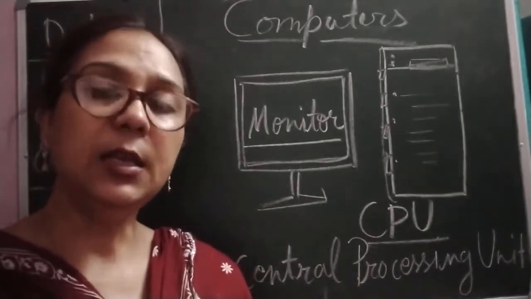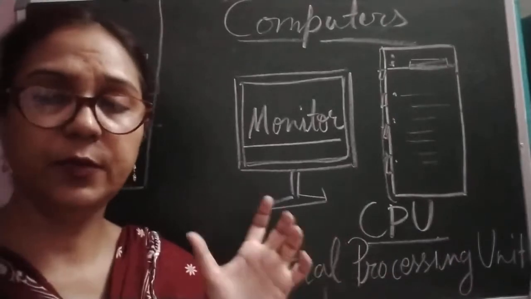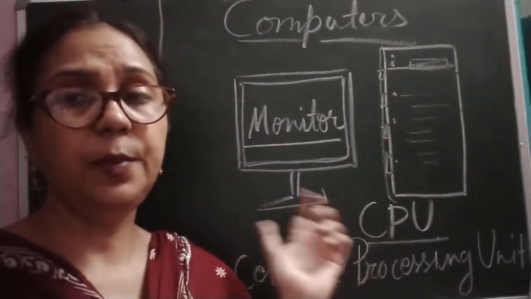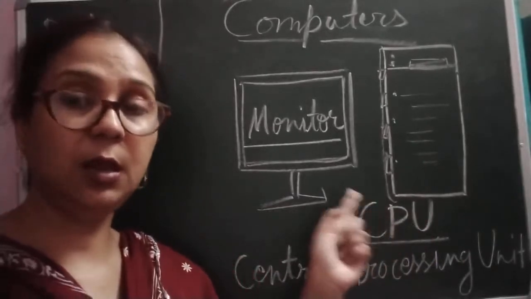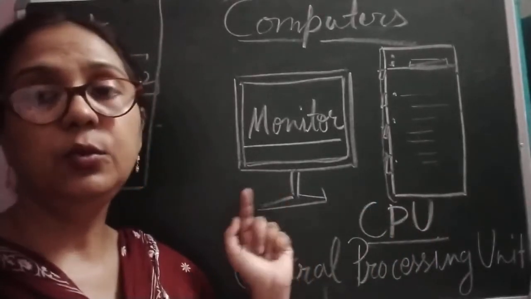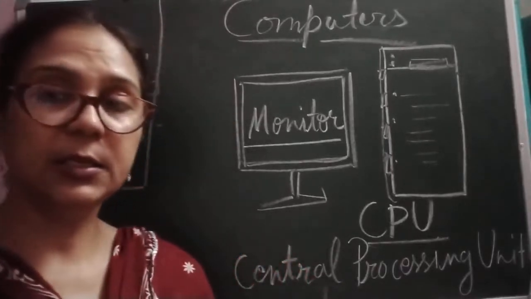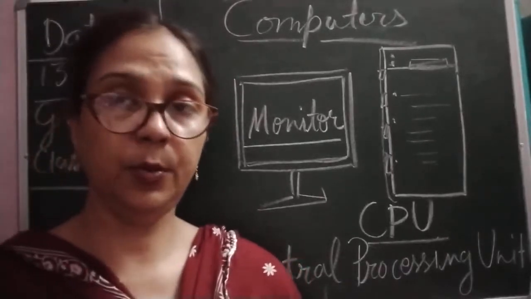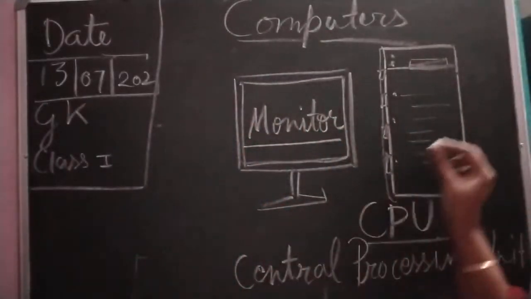Children, it is a very fine, sophisticated part placed in the laptop also, because without this processing the computer will not work. That is why we say this is the brain of the computer. So who is the brain of the computer? This CPU.